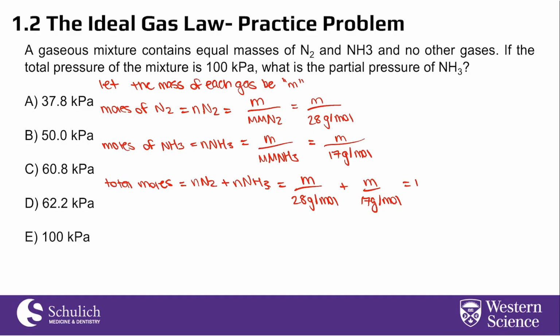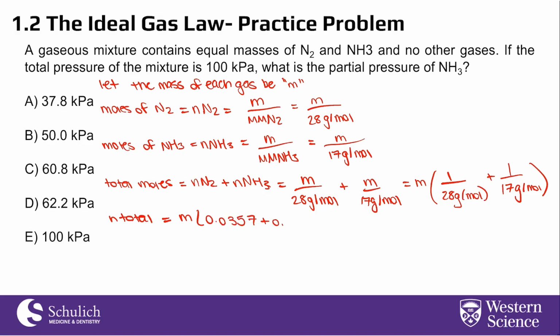Which will give us, you can take the M out of there, which is going to leave you with this expression. And so our n total that we were calculating up there is going to be this when we calculate that all out.